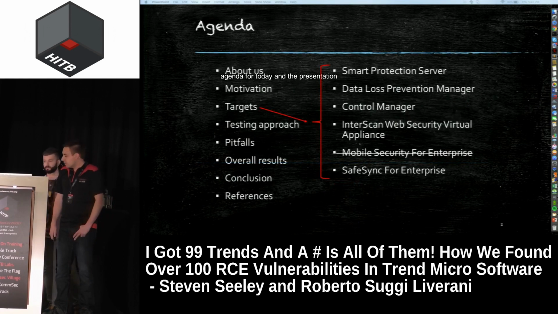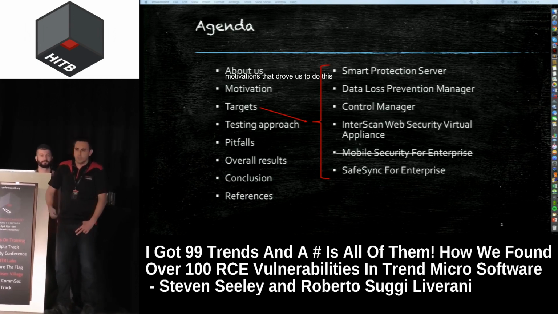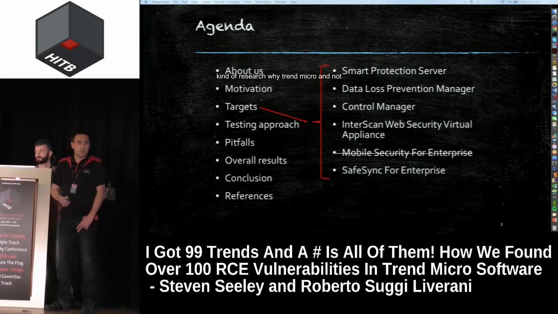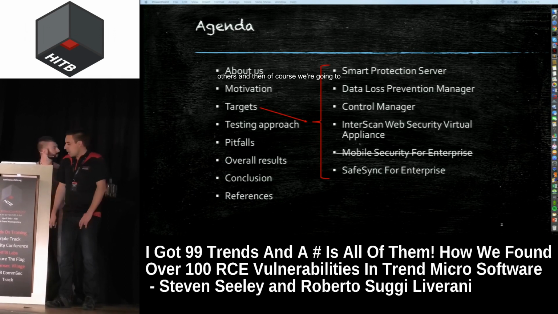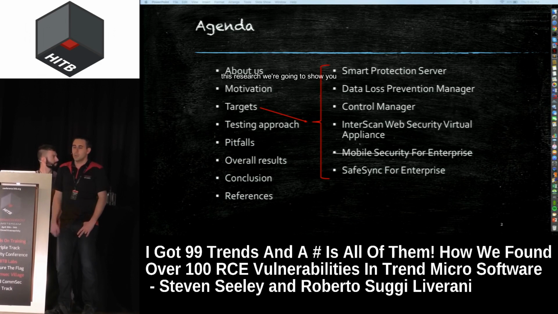So the agenda for today and the presentation format is pretty straightforward, it's nothing complex. We're going to show you our introduction, a bit of disclaimer, and the motivations that drove us to do this kind of research. Why Trend Micro and not others. And then, of course, we're going to focus on the targets we selected for this research.